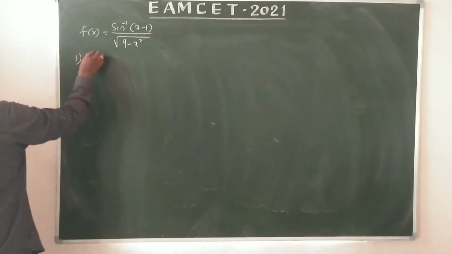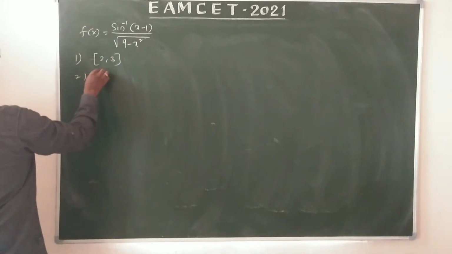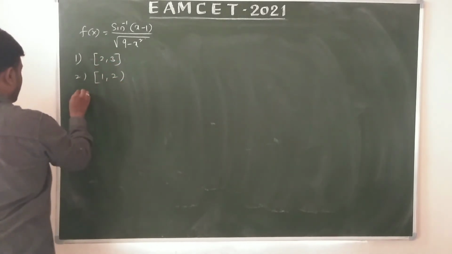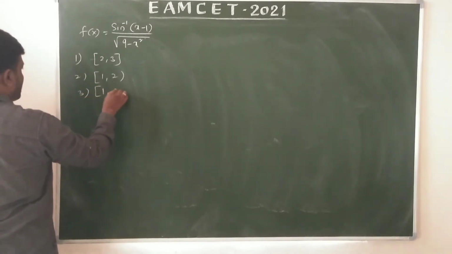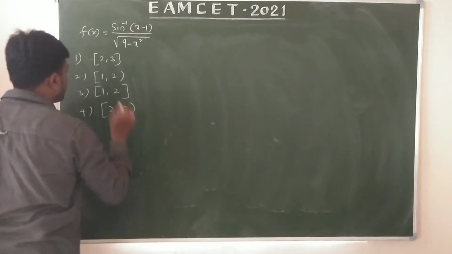The options are closed interval 2 comma 3, closed interval 1 comma 2, open interval, closed interval 1 comma 2, and the fourth one, closed interval 2 comma 3, open interval.